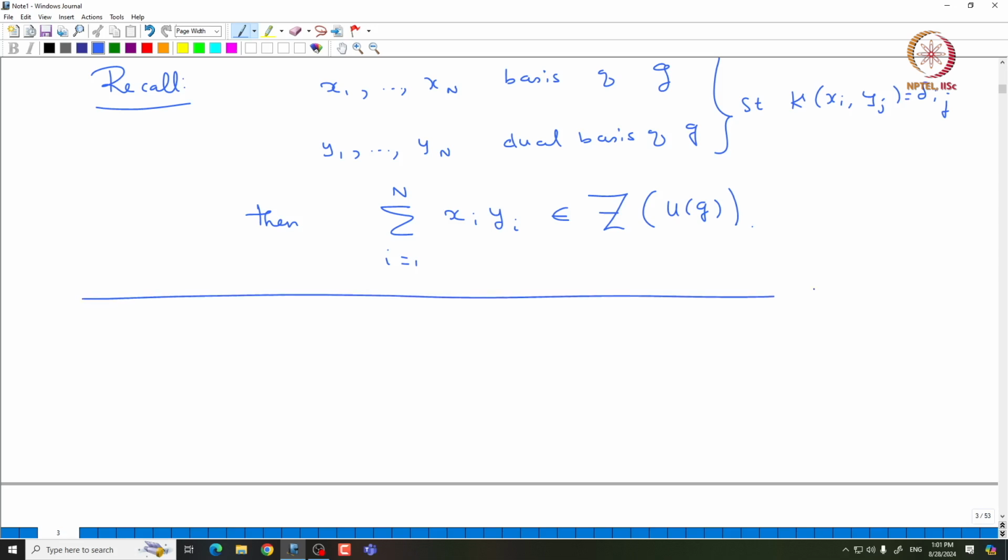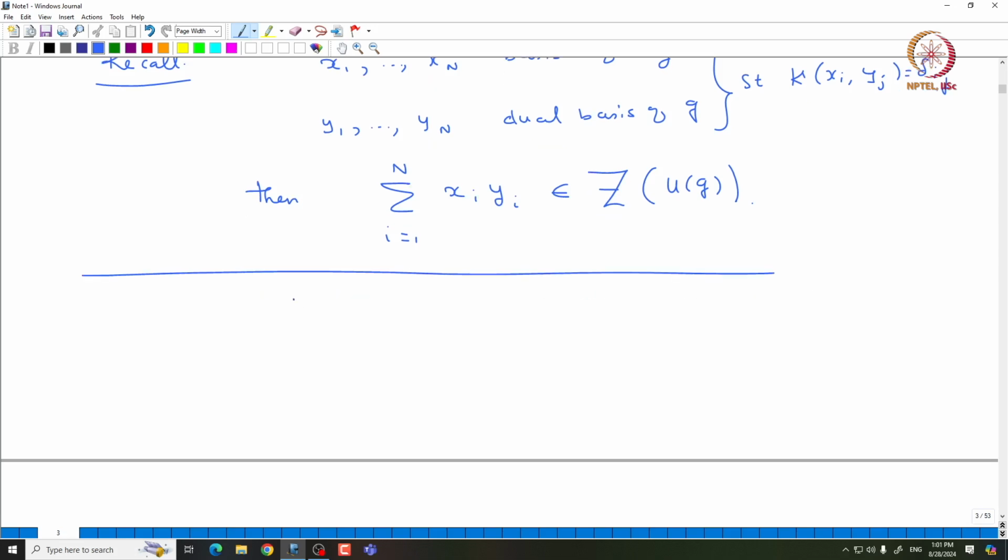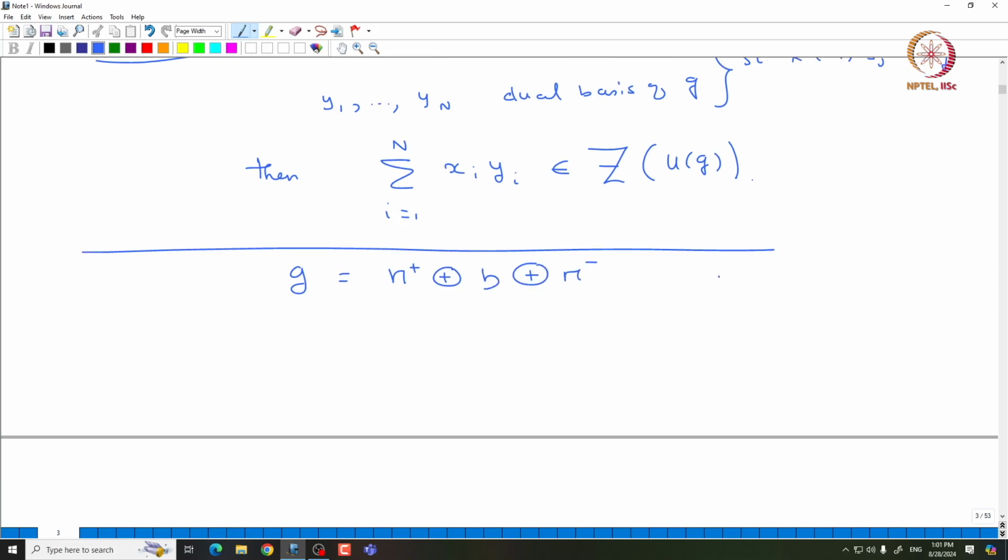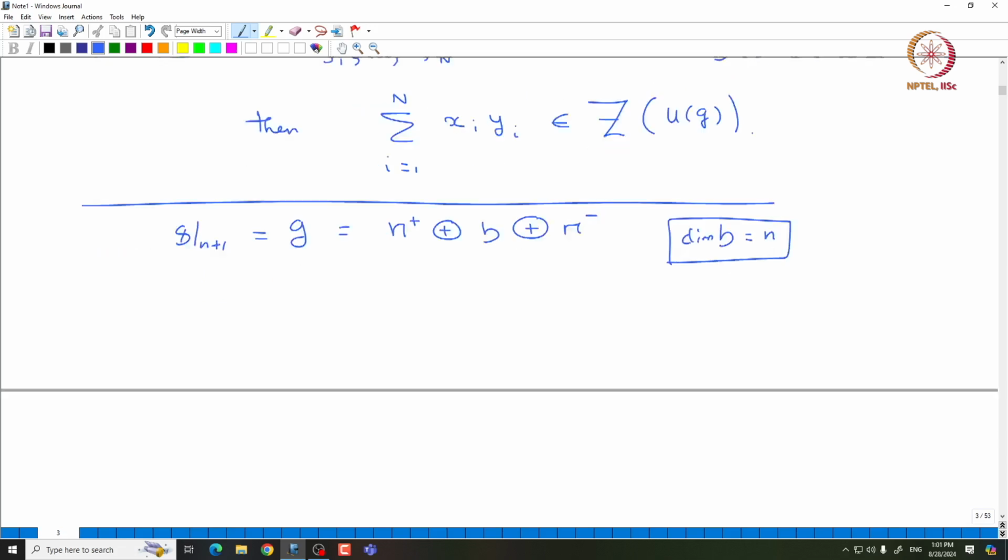We have the following basis for G. G can be written as the direct sum of three subspaces: n plus, direct sum H, direct sum n minus. The dimension of H is the rank of the Lie algebra, which is n. We are working with G equal to SL(n+1).